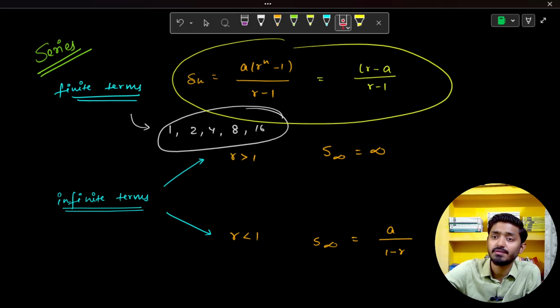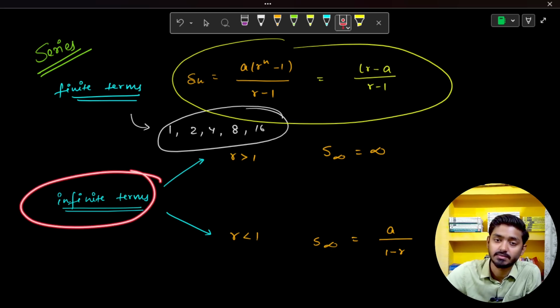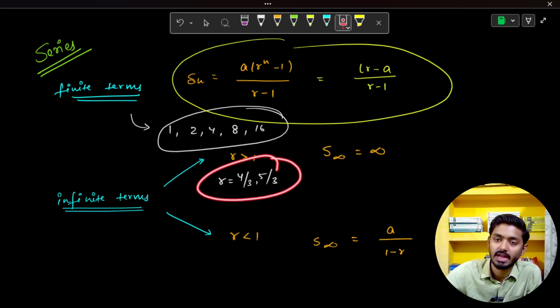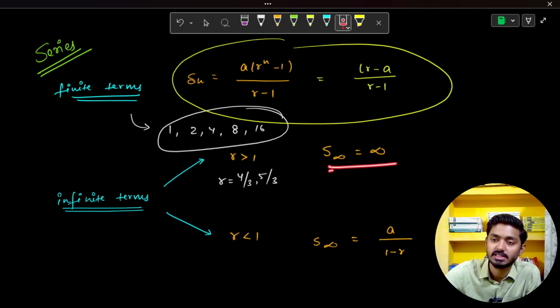Now, if the number of terms is infinite, there can be two cases: either r can be greater than 1 or less than 1. I'll give you an example. If r is, let's say, 4 by 3 or 5 by 3, we'll say r is greater than 1, and in such cases the sum of all terms would be infinite. You cannot calculate it.